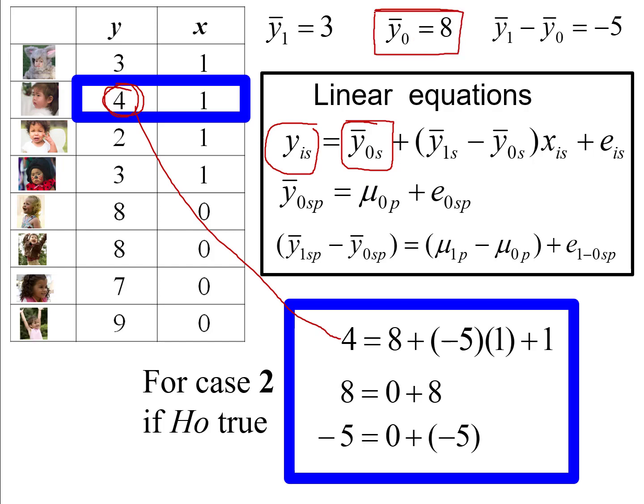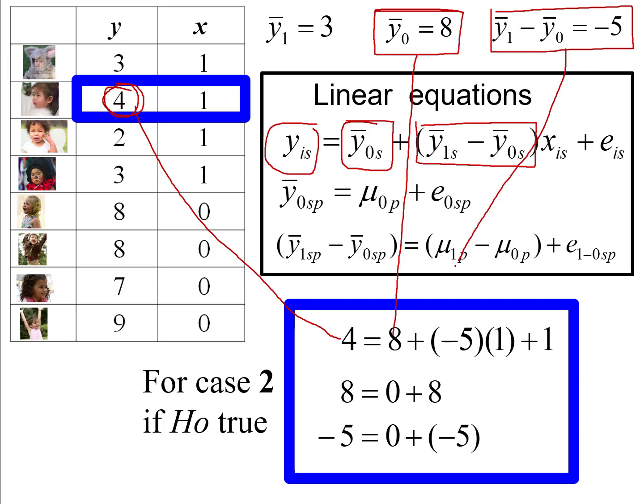The mean for group 0 was an 8. And so I'm going to put an 8 right there. And then next we have the difference between the two groups, y bar for group 1 minus y bar for group 0 for sample S. And we saw up here that the difference between the two means for this example was a -5. So I'm going to plug that in right here, put a -5 there.